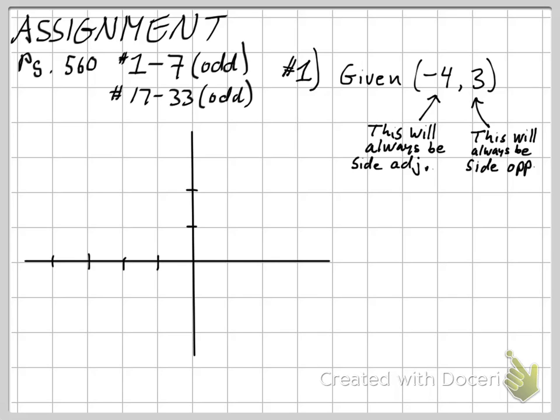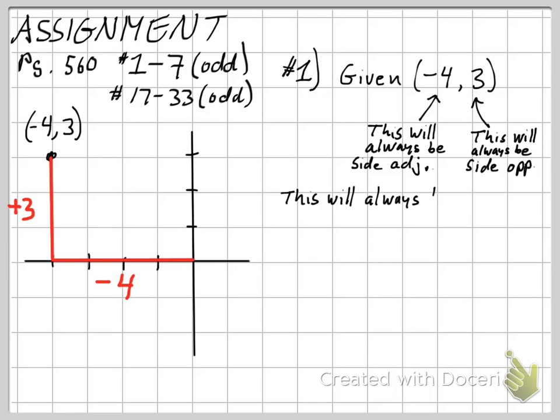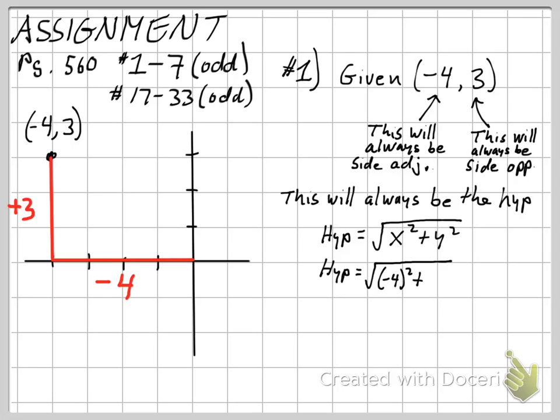Get in the habit of quickly making a little sketch. Draw your little x-axis, plot your point, draw your side adjacent, draw your side opposite, and then throw in the hypotenuse. The hypotenuse is always going to follow this formula. All right? Now, where's my angle?